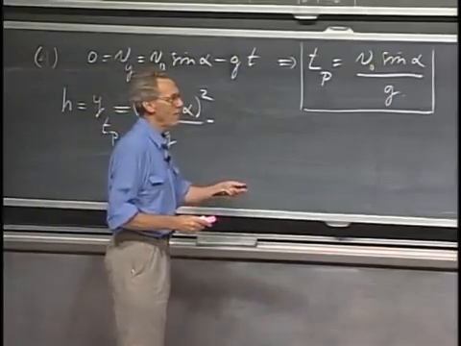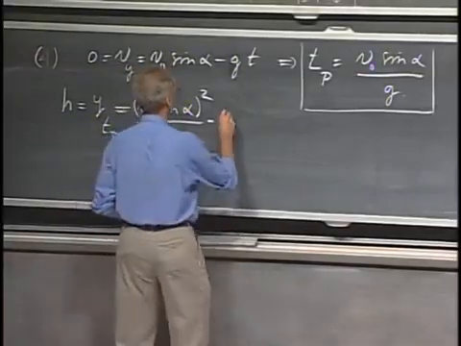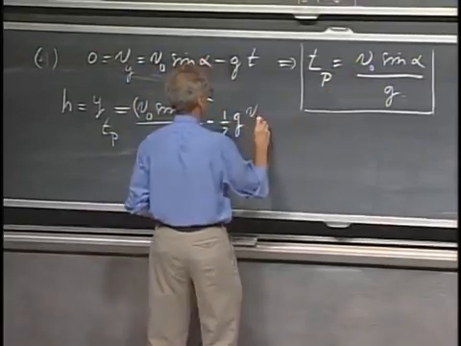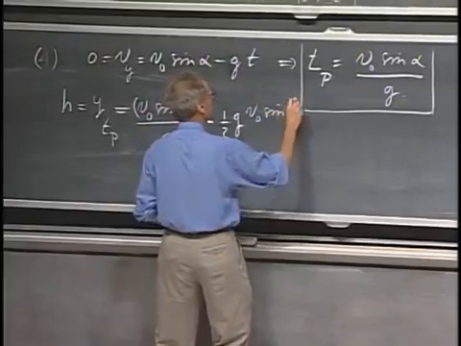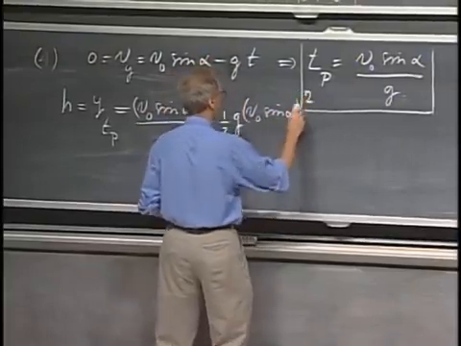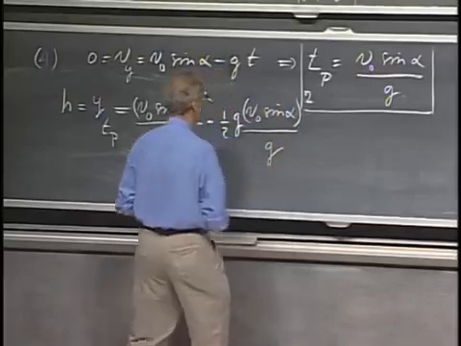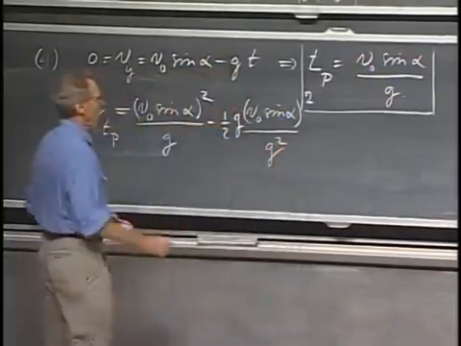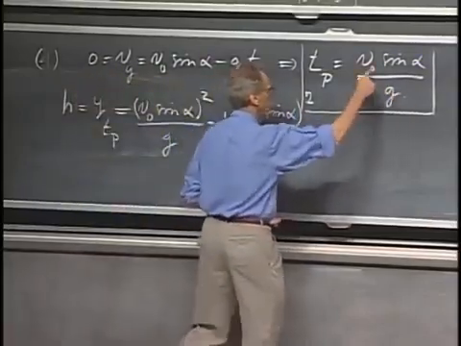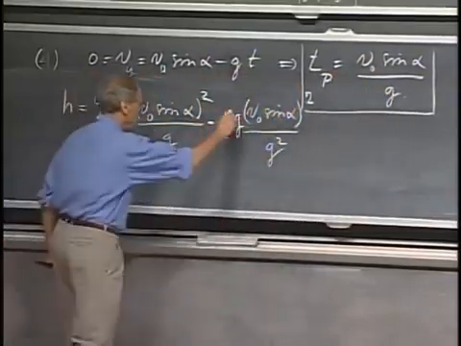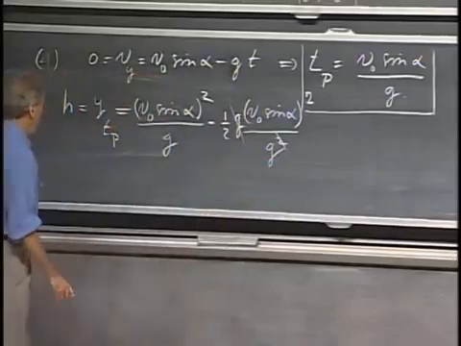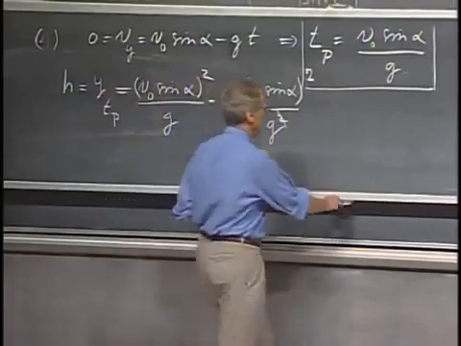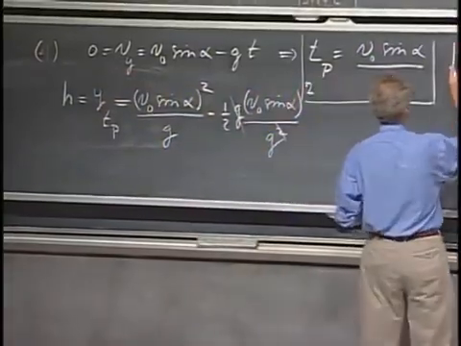This equation, minus half gt squared, minus 1/2 g times this one squared, which is v0 sine alpha squared, divided by g squared. Because there's a g here, you see? So you square the whole thing, it is t squared. You lose 1g, and you will find then that the highest point, let's write it down here so that we don't block that blackboard.